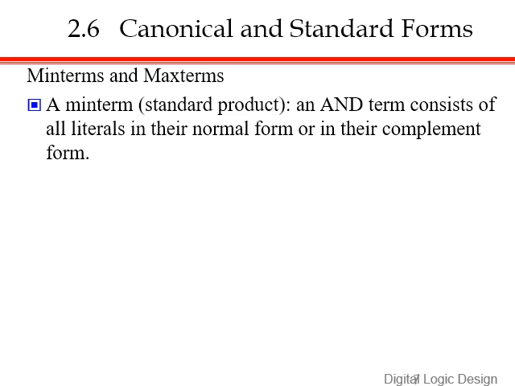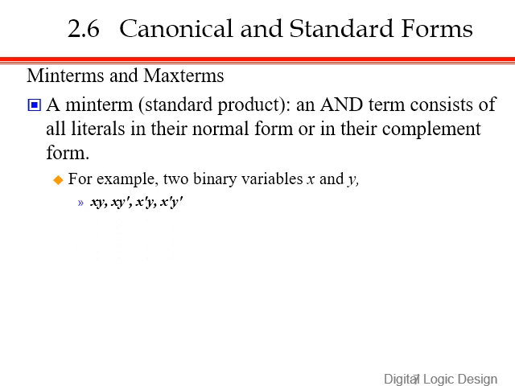A minterm is the AND combination of all literals in their normal form, and a maxterm is the OR combination of every variable present in the function. For example, two binary variables can have four combinations: x y, x y prime, x prime y, x prime y prime.